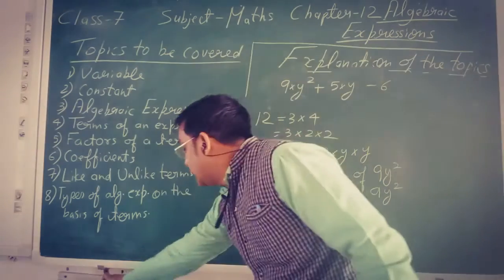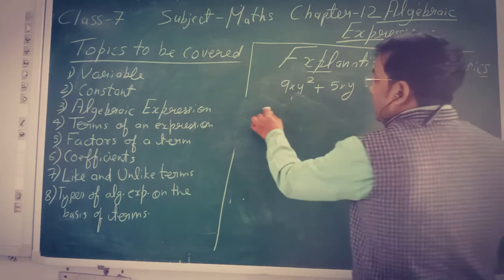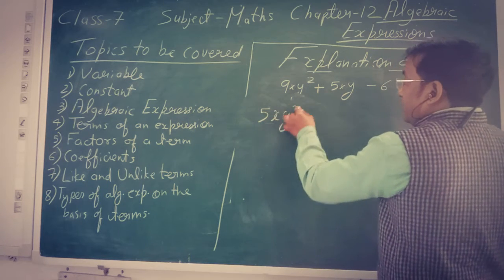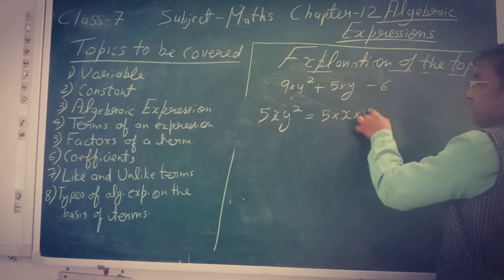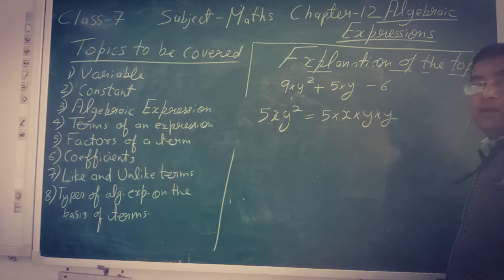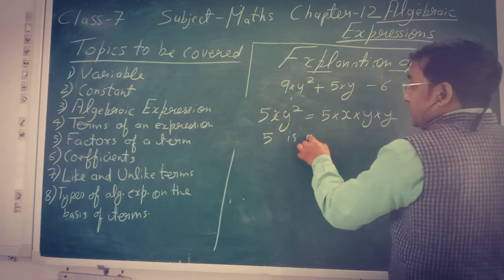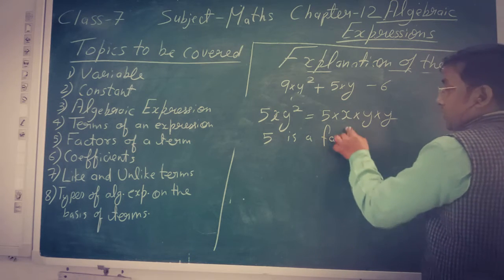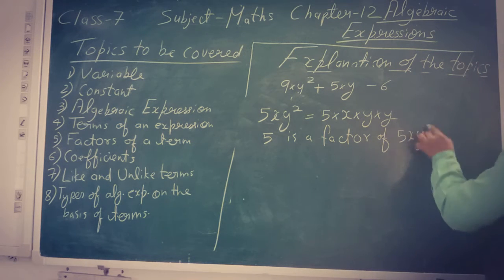Let me explain with one more example here. Let us take 5xy square. This is 5 multiplied by x multiplied by y multiplied by y. So 5 is a factor of 5xy square.